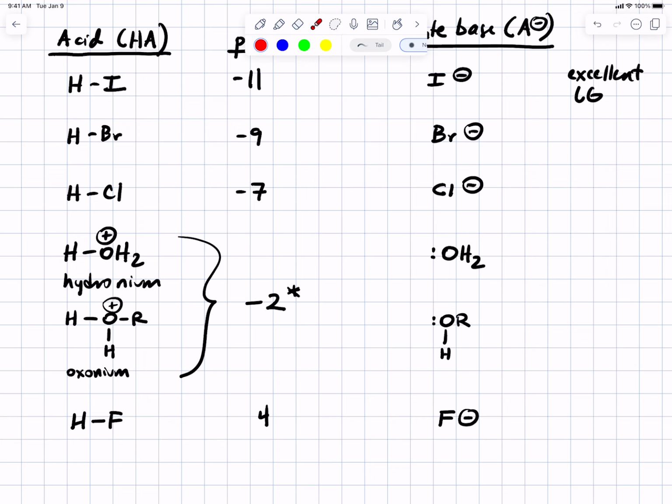And we're going to see this as general: within a column of the periodic table, the size consideration dominates how acidic something is, and how stable the conjugate base is. Within a row of the periodic table, you're going to see electronegativity is the best explanation because size doesn't change very much within a row.